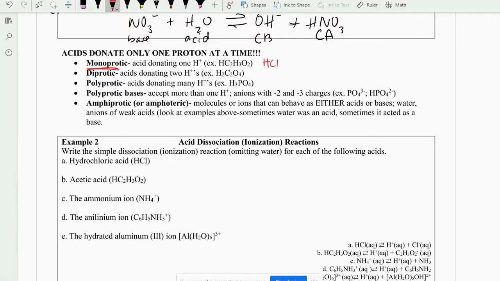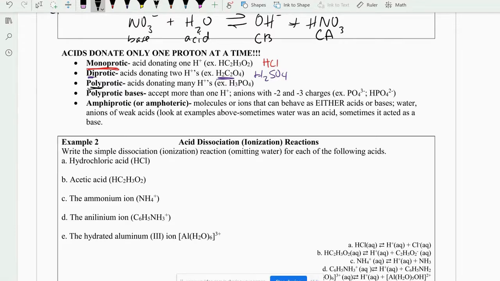A diprotic, you probably can guess by the prefix here, di meaning two, are acids that will have two donating hydrogens. And you can see there's an example. Another one would be sulfuric acid, H2SO4. And then lastly, and not as many, but there are other polyprotic acids that would actually have more than two hydrogens that it could donate.